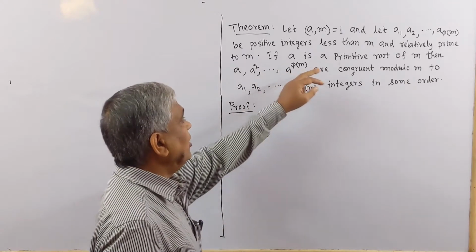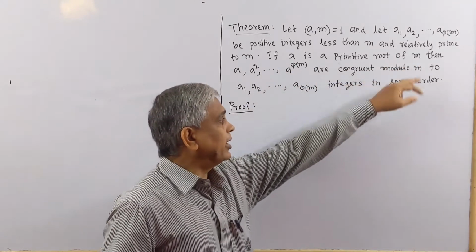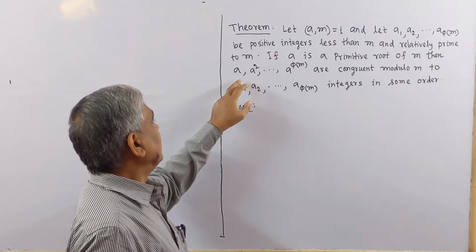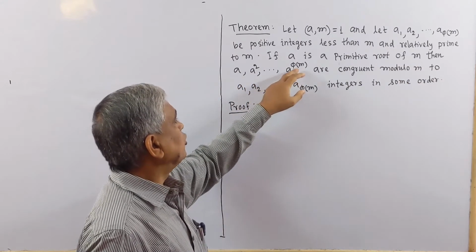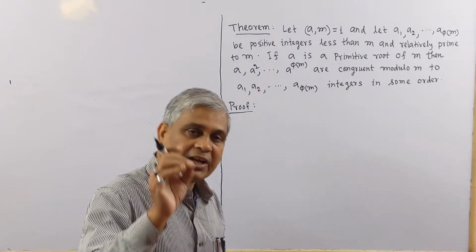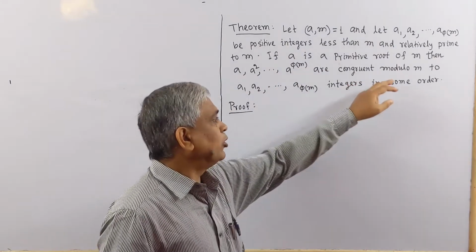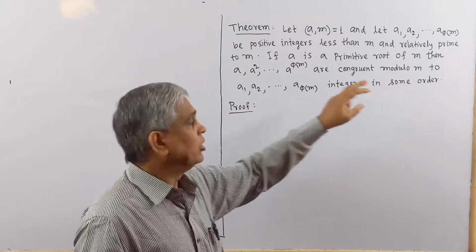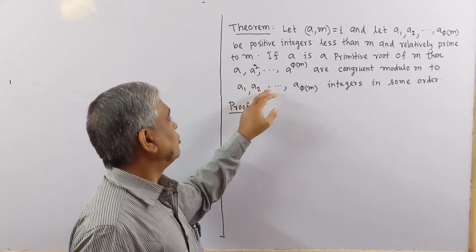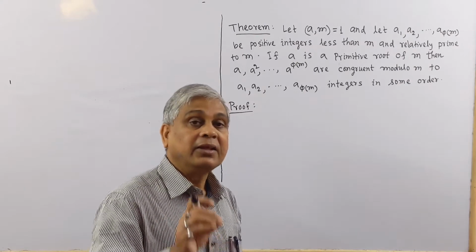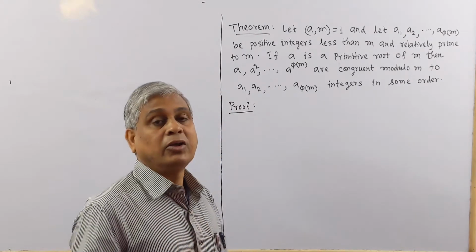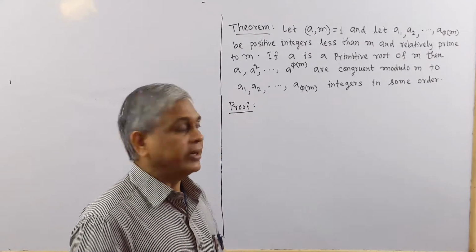If a is a primitive root of m, then a, a square, comma, dot dot dot, a to the power phi m are congruent modulo m to a1, a2, comma, dot dot, a phi m integers in some order. Now we shall prove this.